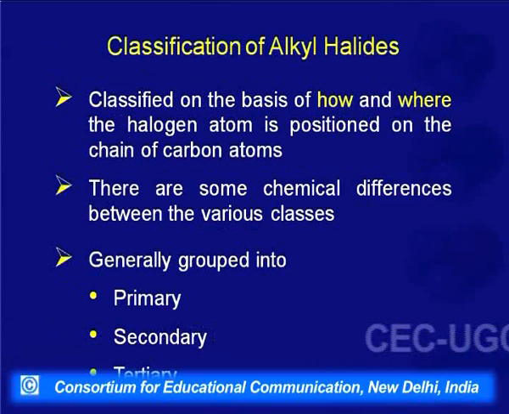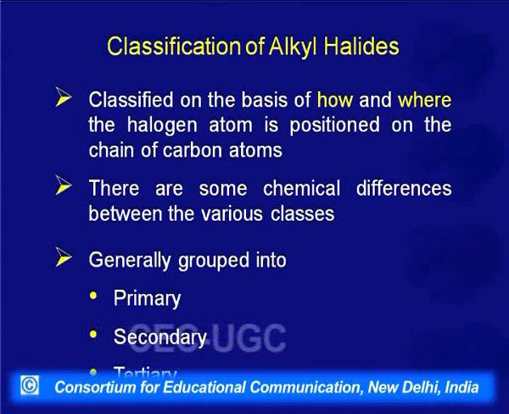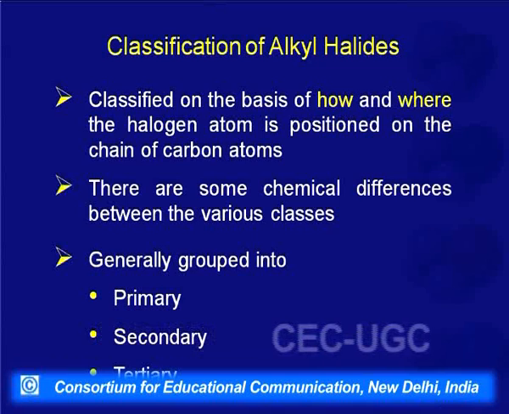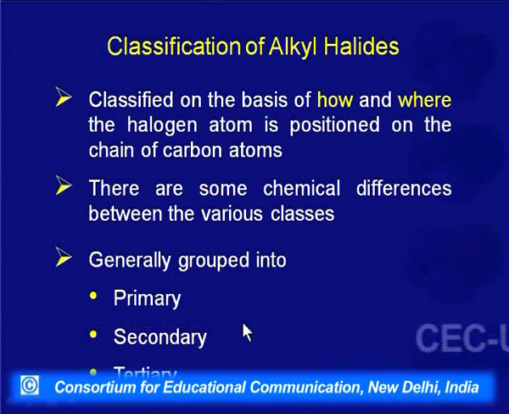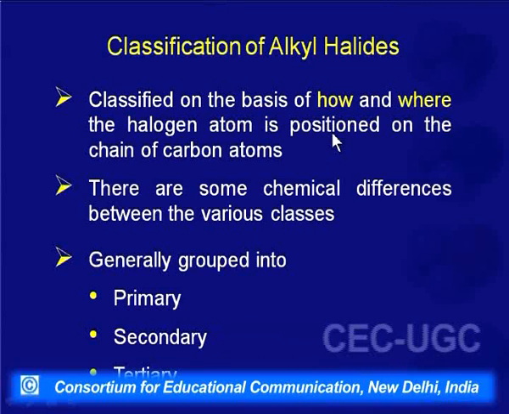So, let us look into the classification of alkyl halides. The alkyl halides are classified on the basis of how and where the halogen atom is positioned on the chain of carbon atoms. We will see all this through a number of examples.